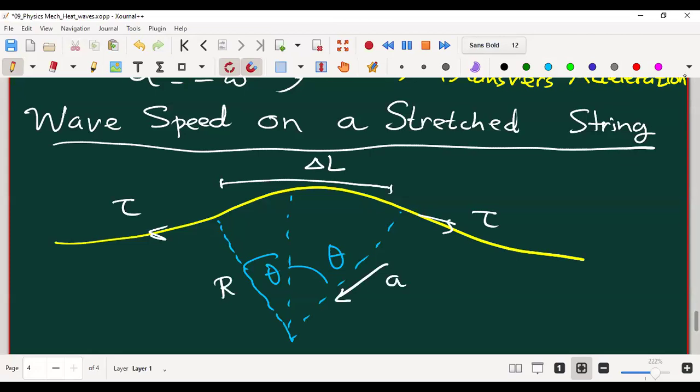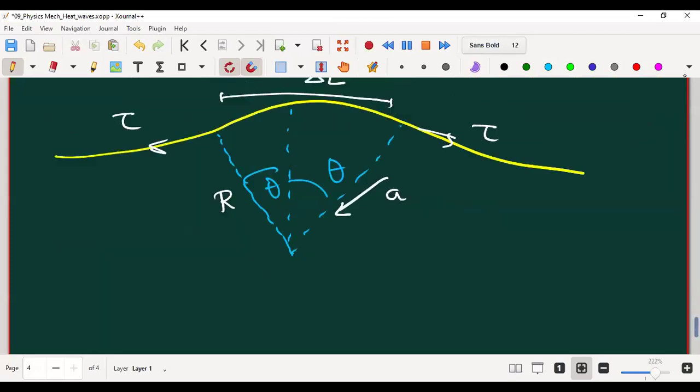So we can imagine the force here is 2 tau sin theta. This is equal to 2 theta tau, because theta is small, so sin theta is equal to theta.